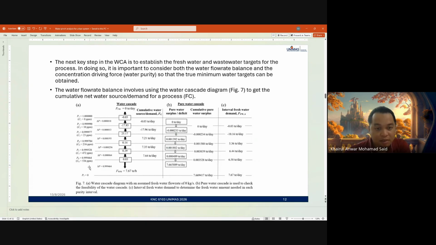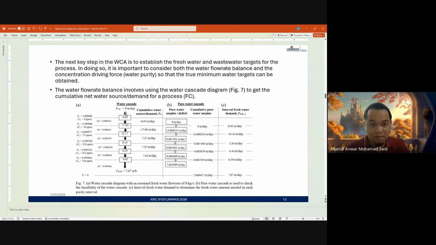This is the purity PK, the delta P, the purity difference. The water cascade is based on the summation D plus summation F, or demand plus source.